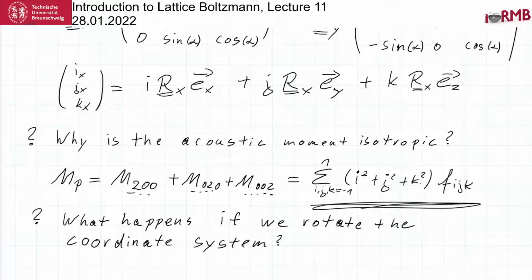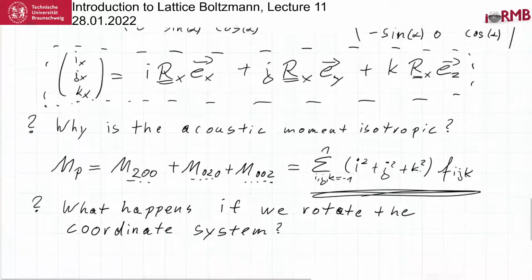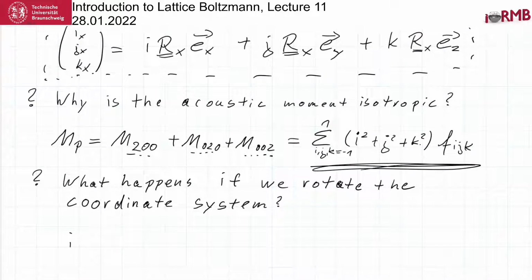You have to either believe me or do this as homework. This is the way we do the rotation. So we have to compute I_R square plus J_R square plus K_R square.